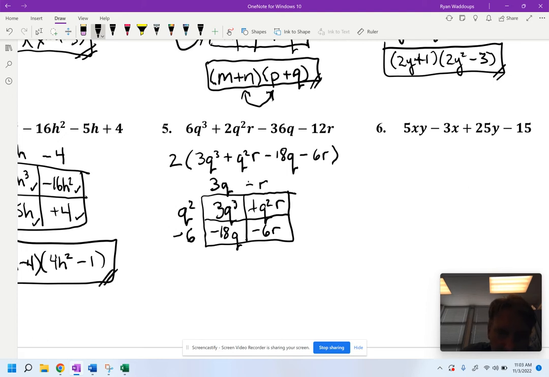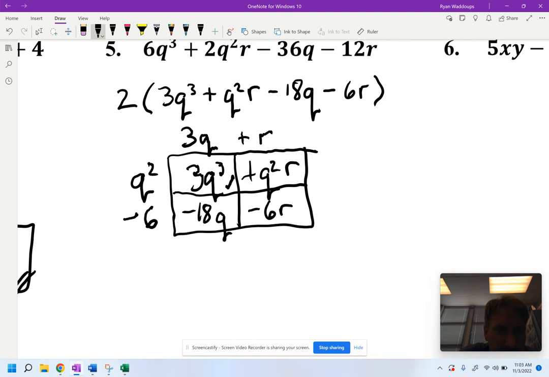And I think it's going to be positive, but we're going to double check. You always want to double check before you move forward and say, these are my factors. 3q times q squared is 3q cubed. Yes. And 3q times negative 6 is negative 18q. Yes.